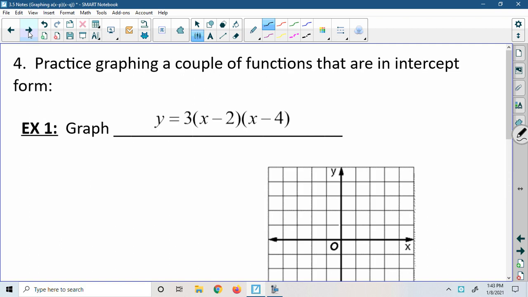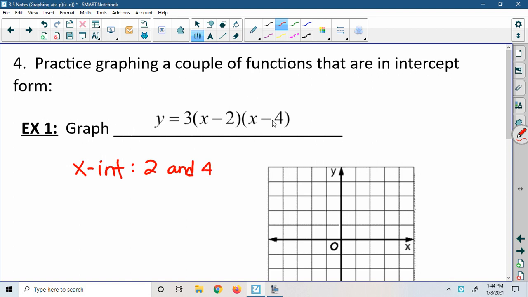Number 4, practice graphing a couple of functions that are in intercept form. Here's our function, 3 times x minus 2 times x minus 4. So let's graph it. First thing you do is you always figure out what your x-intercepts are going to be. It looks like it's going to be +2 and also +4.